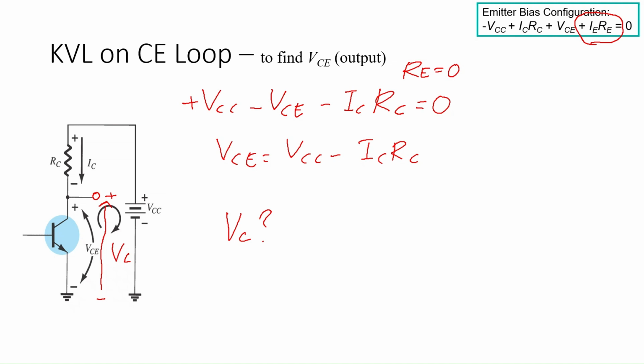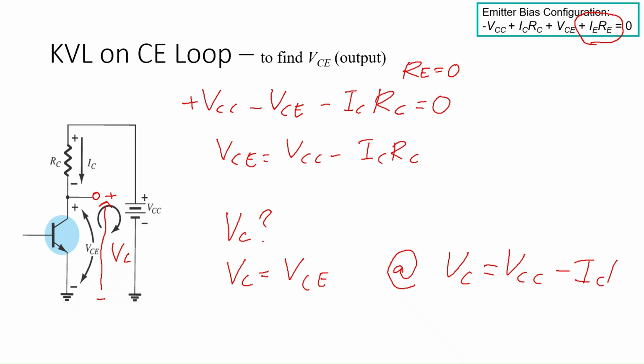I think you can refer to my previous slide. You will find VC is equal to VCE, or another way to find VC is you do the KVL, and you will find VC equals VCC minus IC RC. Please try by your own to prove this equation.